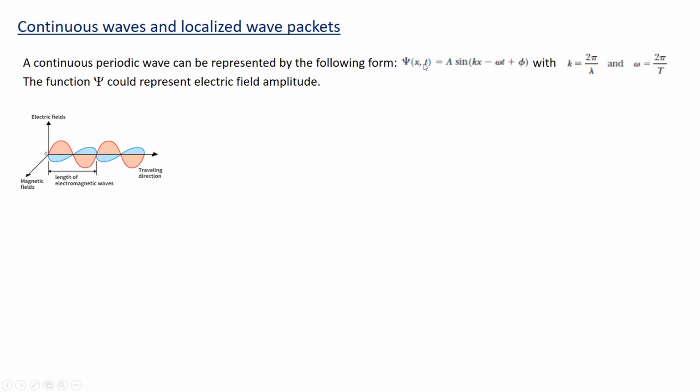The psi here would represent the amplitude of the electric field as we move along x, and of course as time changes the electric field will move along, so it's both position and time dependent.